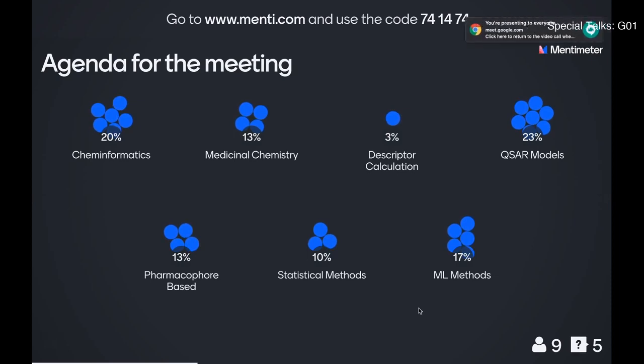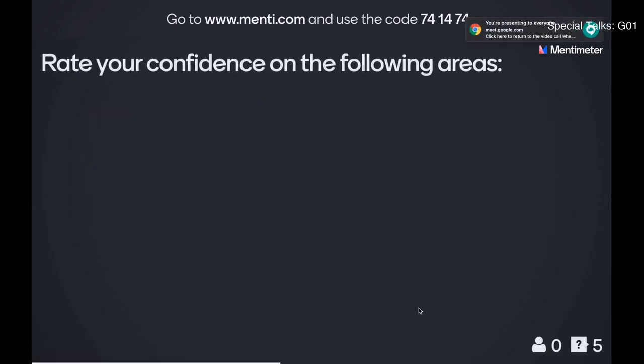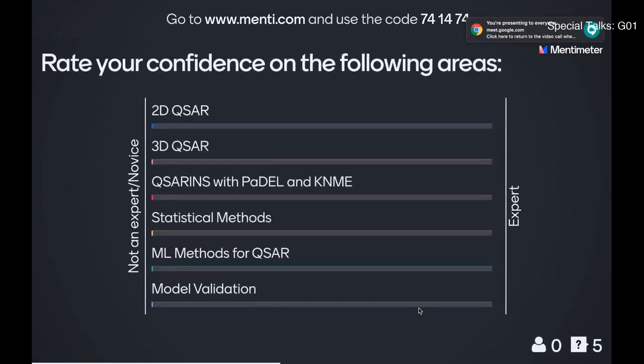Let me go to the next slide to understand how far your confidence is in different areas. Again, in menti.com, you can slide based upon your expertise and understanding. You can do it for all or very few.